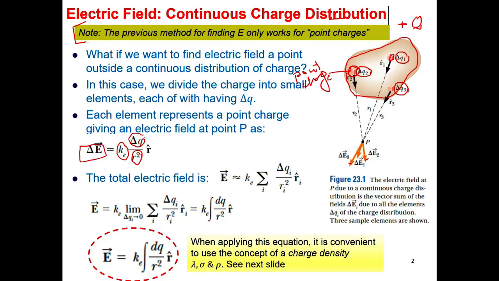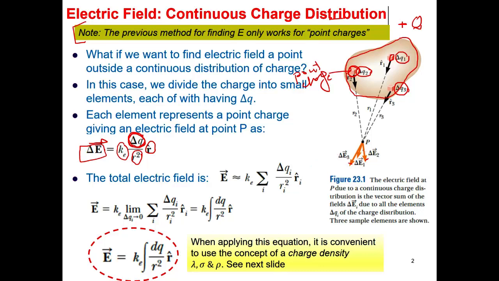Because the charge is delta Q, I write the electric field produced by it as delta E. If I want to make this a vector, I put an arrow here, and I need to put the unit vector here. Notice that delta E1 has its own unit vector, delta E2 has its own unit vector, and delta E3 has its own unit vector, because they are directed in different directions. So now the task is to add all those delta E's.